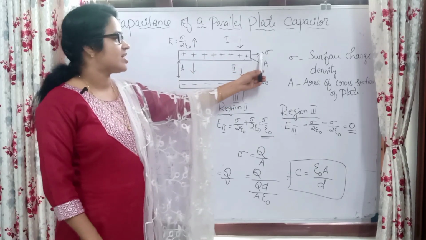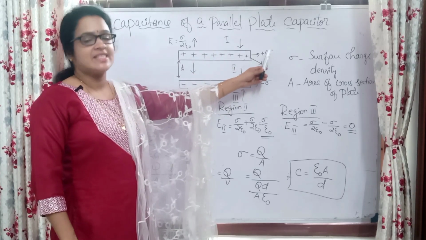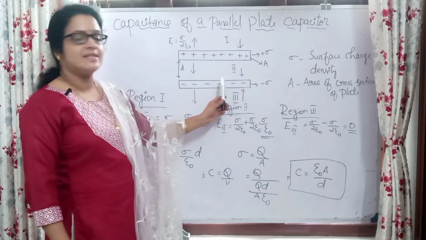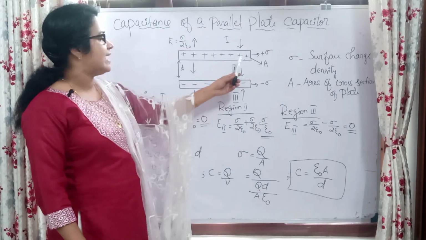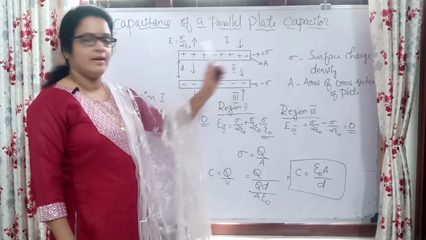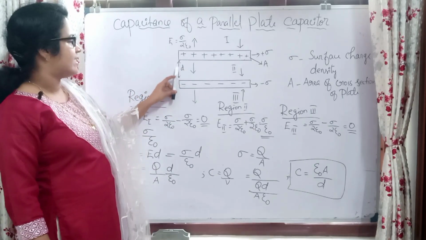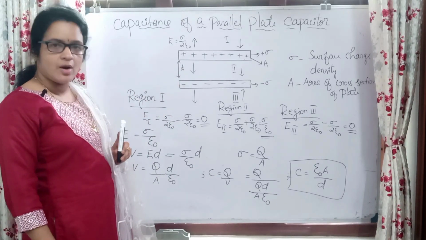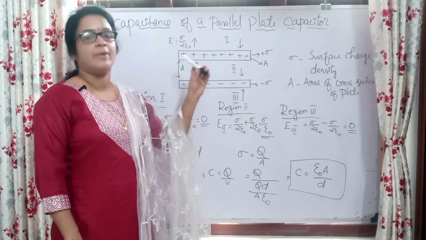The surface charge density of the positive plate is plus sigma, and of the negative plate is minus sigma, and the area of cross section of the two plates is A. Clear? The distance of separation between the two plates is small d. Now we have to find the capacitance of this parallel plate capacitor.